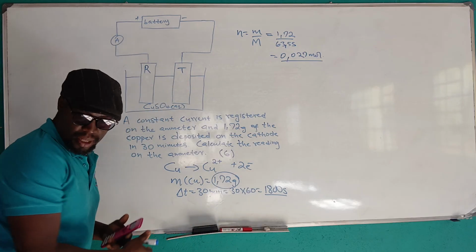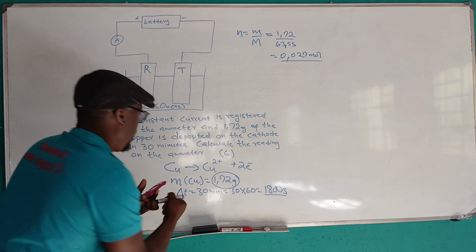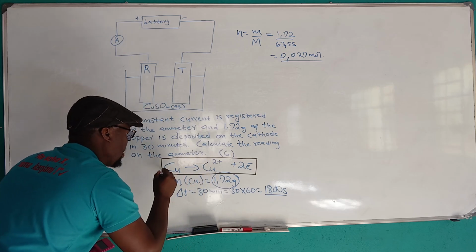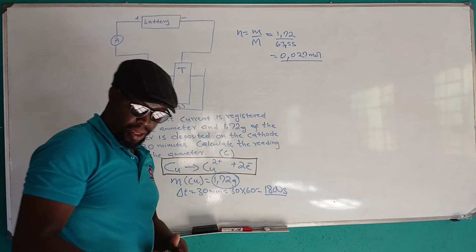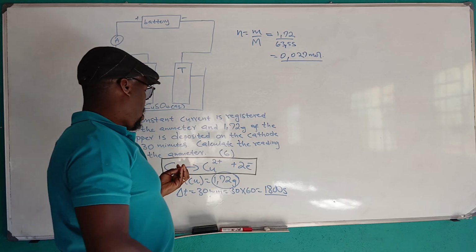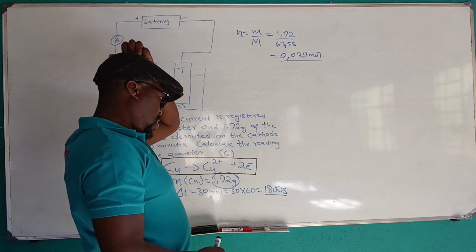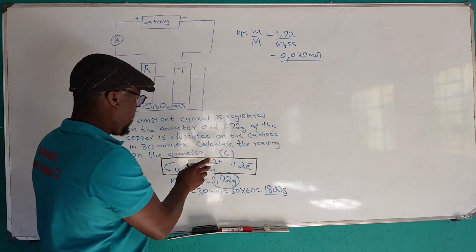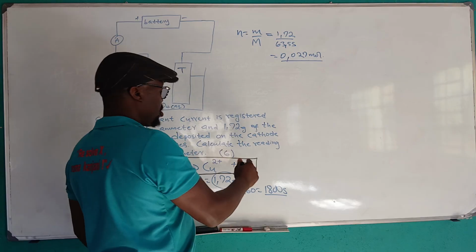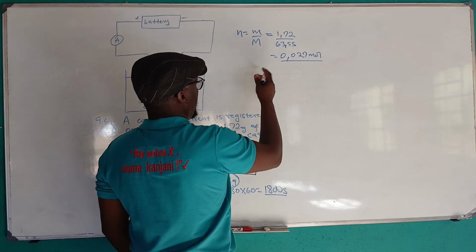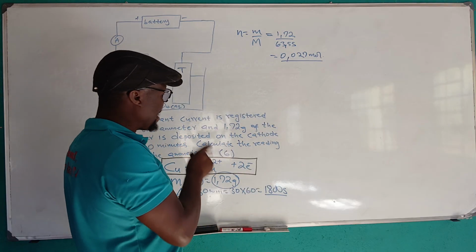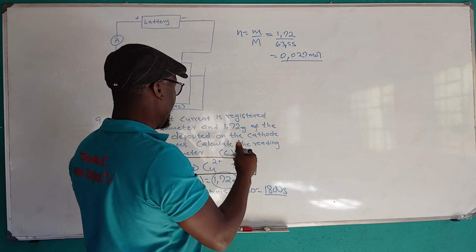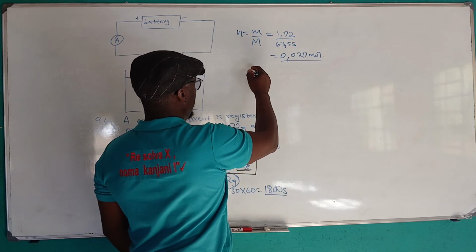From this equation representing the half reaction, we can see that each copper atom releases 2 electrons. Therefore, we have to check the number of electrons that are released. We'll approach this via determining the number of moles pertaining to the electrons that are released.